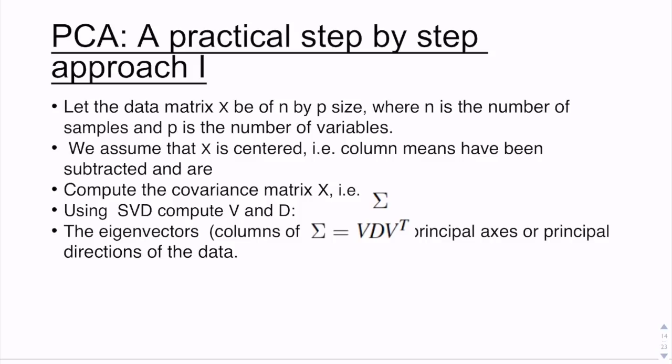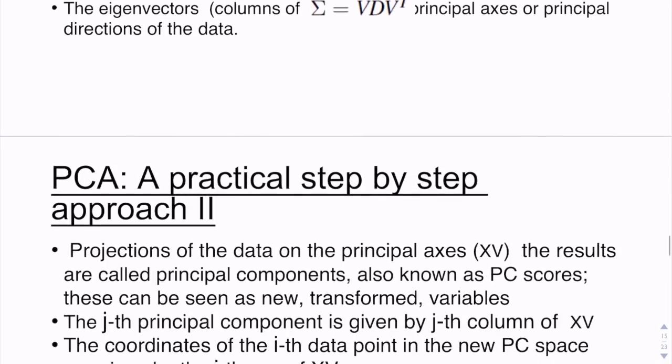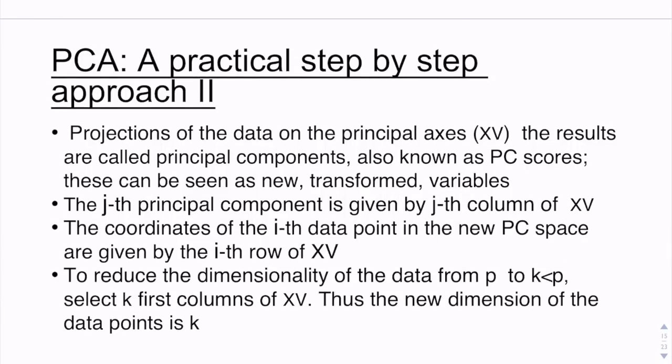Then we compute the sample covariance matrix. After you compute the sample covariance matrix, you do the singular value decomposition. So now we have the eigenvectors and eigenvalues. After you have them, you project the data into the eigenvector space. What does that mean?